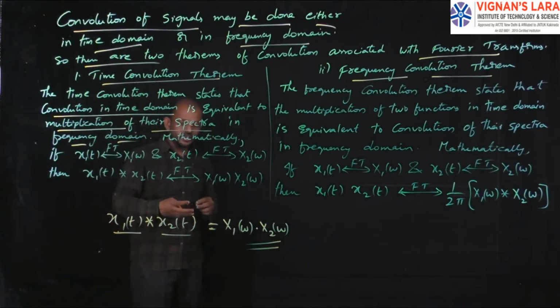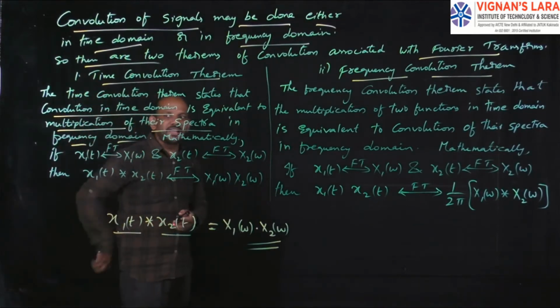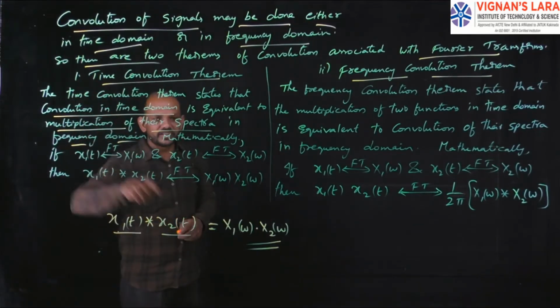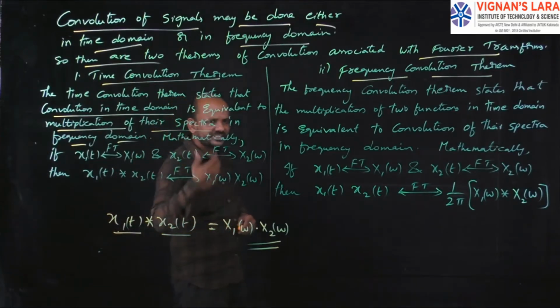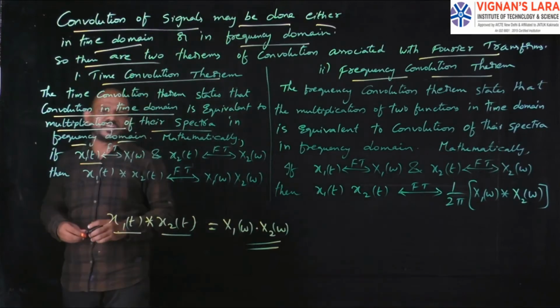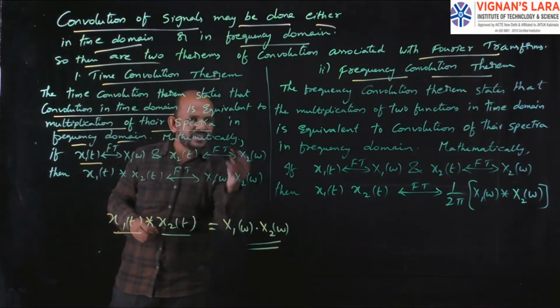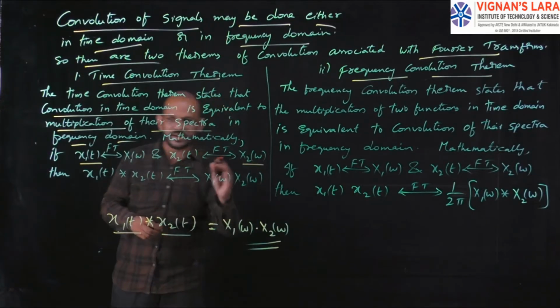First I go on with the time convolution theorem, the first one. Let us consider mathematically, I can write this in an equation format. I am considering two signals, x1 of t and x2 of t, where x1 of t has a Fourier transform capital X1 of omega, and x2 of t has a Fourier transform capital X2 of omega.